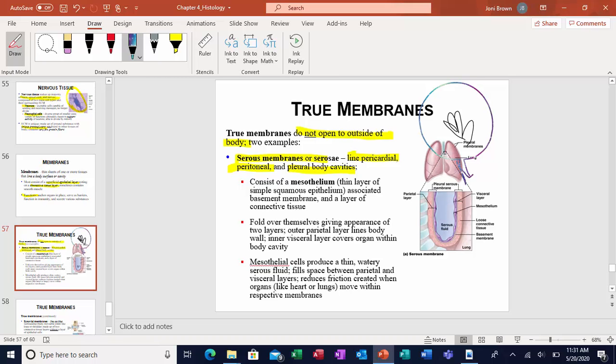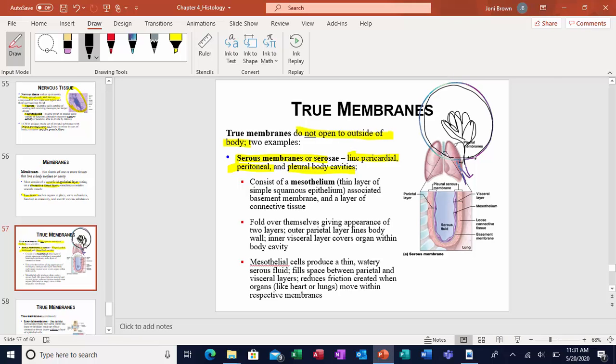The 2 layers: you've got 1 layer that lines this cavity, so that would be the external layer. Then it folds in on itself, and it goes around your fist, actually on the surface of your fist. That's how serous membranes line our cavities.